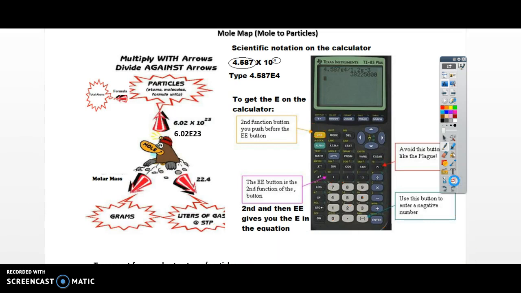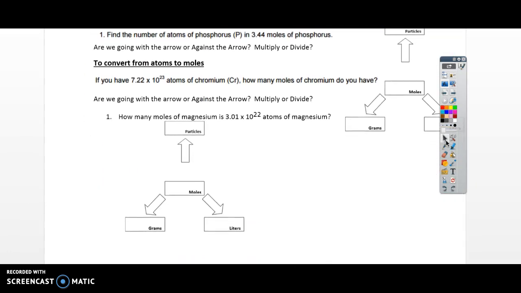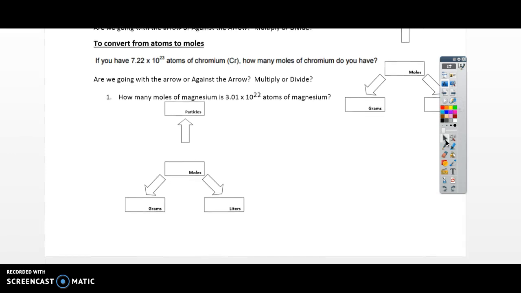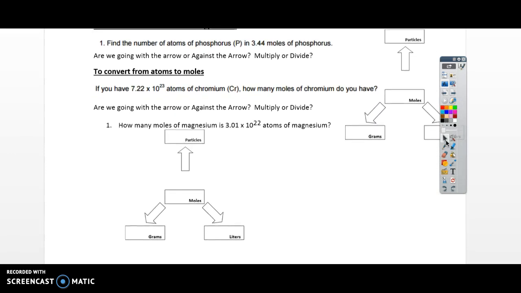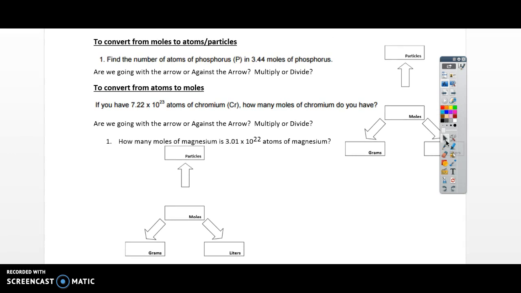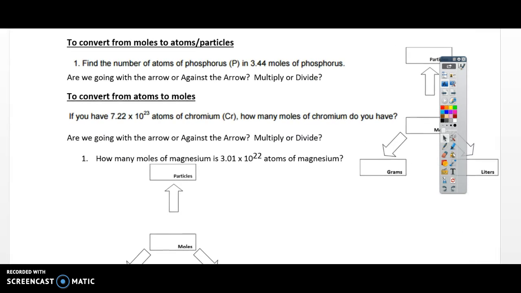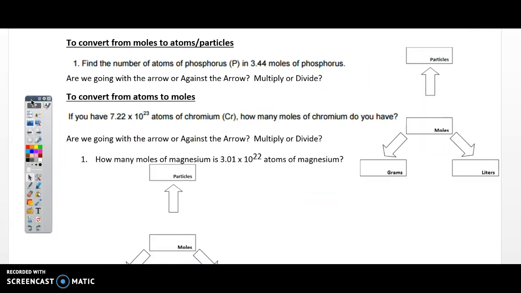So let me erase that. Okay, so let's go over how to convert atoms to moles and moles to atoms. To convert from moles to atoms, the first one, we're going to use a blank mole map on the right.